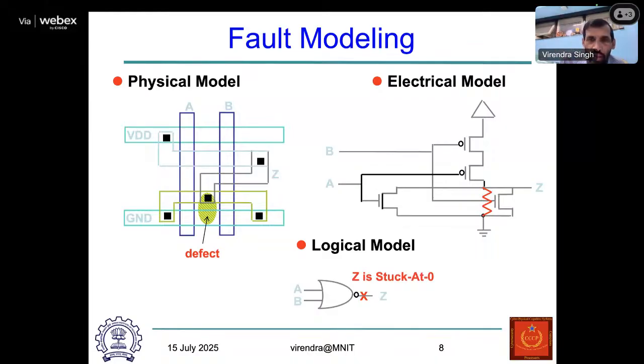a reasonable model. Now, the model was developed in the 60s, but the industry is heavily using it till date, because this fault model can give you a set of test vectors, and those test vectors can detect most of the multiple faults in the circuit.